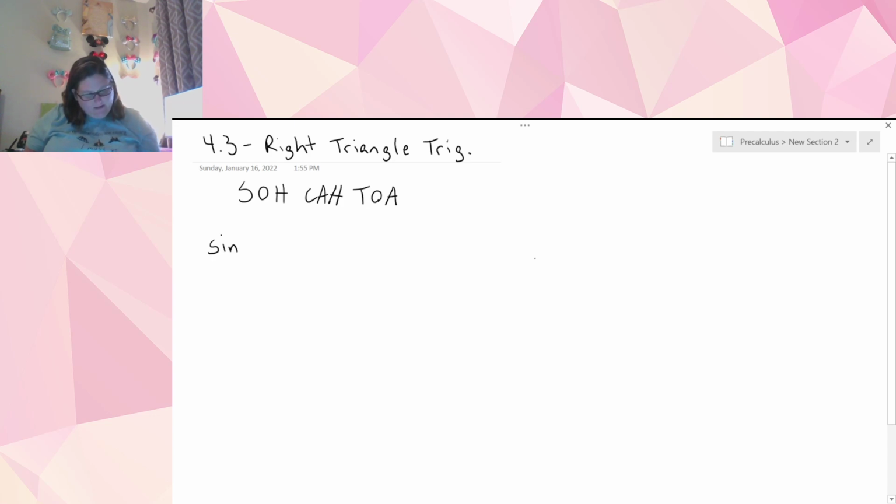The S stands for sine. If we have a right triangle, I'm going to draw my right triangle first, sorry, and we have angle theta. Like I said, it's a right triangle. The opposite is the side straight across from it. The adjacent side is the other leg. And the hypotenuse is the side opposite the right angle.